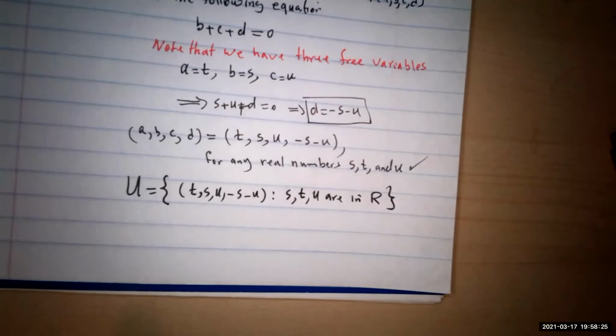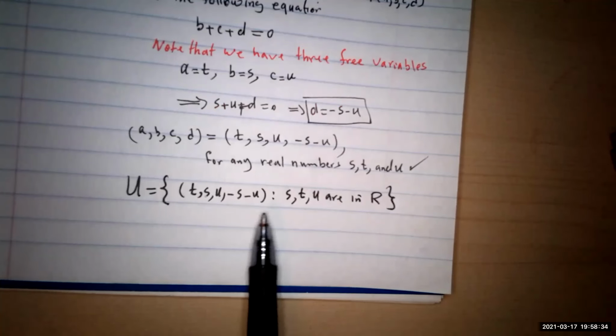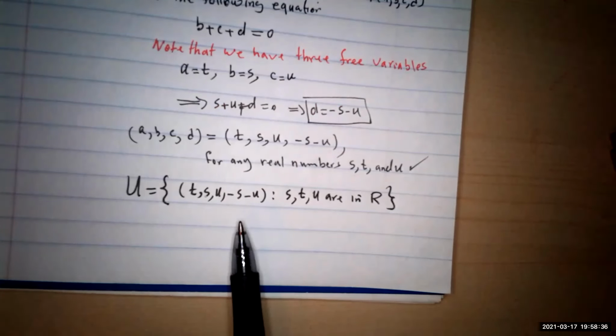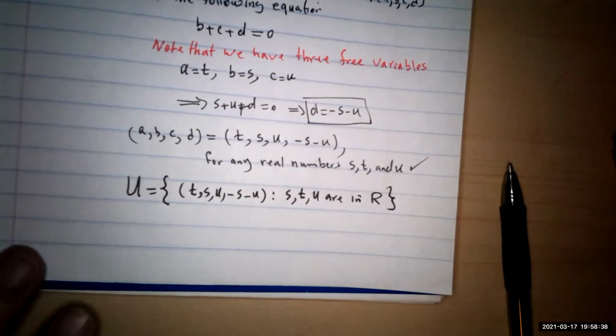Now you can easily find the basis. How are we going to find it? Write this one as a linear combination of some easy vectors, with 0s and 1s. This is the way you can do it quickly.